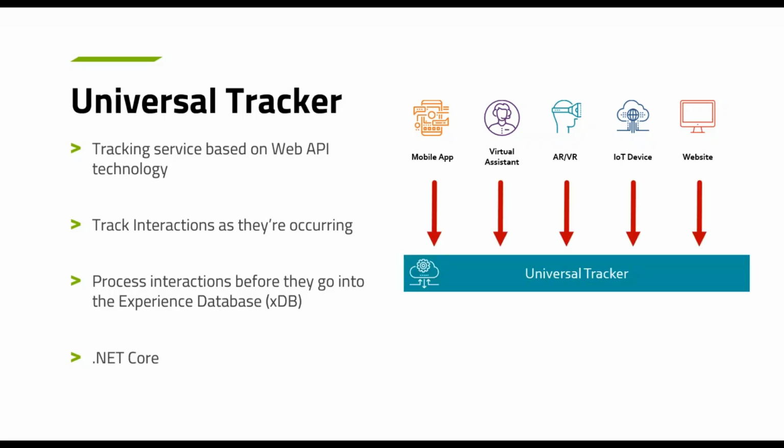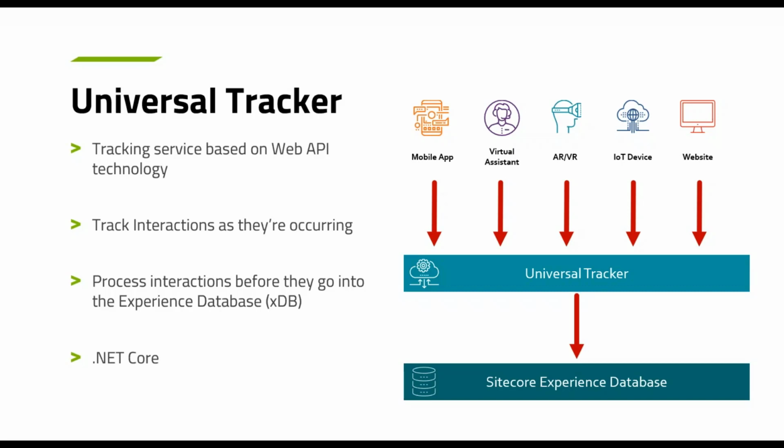The Universal Tracker is a modern web API technology service that allows all this data to be fed into. It's built on top of .NET Core, meaning it scales well, it performs very well, and it provides us unique opportunities for deployment scenarios, allowing us the best opportunities to capture engagement from our customers.